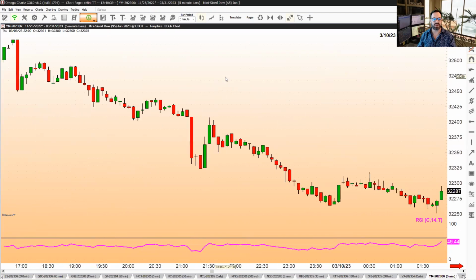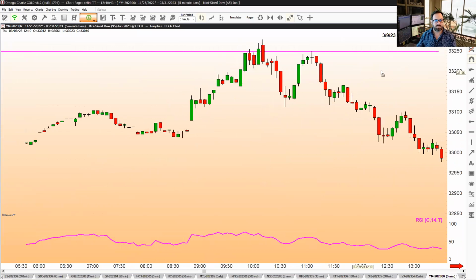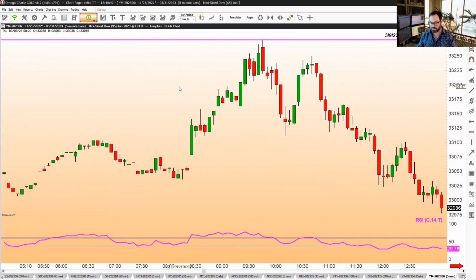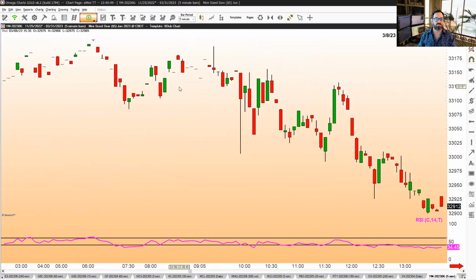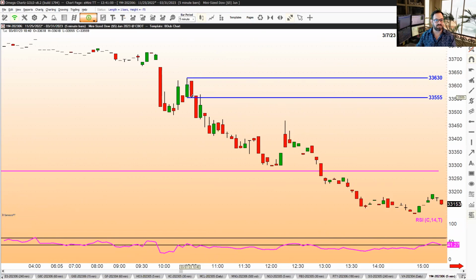Got to go back a while to find it though. There it is. So that was a tested area. That's not a good supply zone. I'm going to keep looking for a good zone. And unfortunately, there it is. May not have anything great because of the rollover. I should have used a continuous contract, but this is the beginning of a little drop right there.